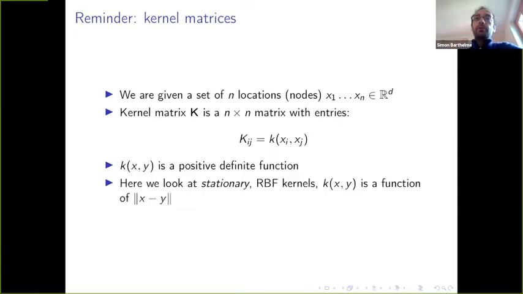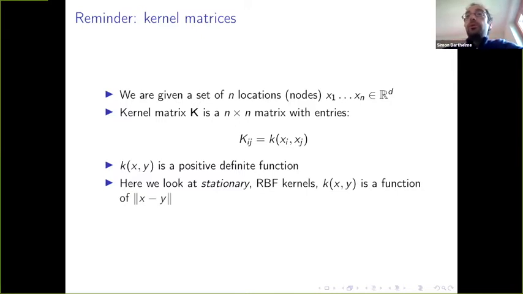Okay, so to fix notation, we're looking for the first part of the talk at kernel matrices and their spectral properties. So we are given a set of n locations. These are where our measurements are going to happen. For example, if we use GP regression, but here very generally it's just measurements.